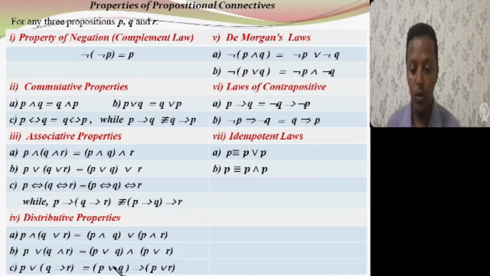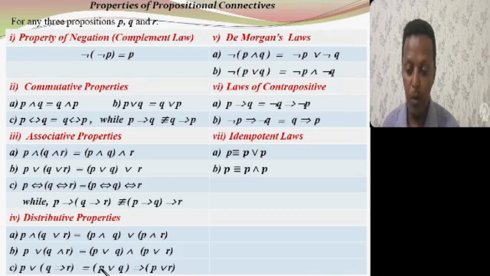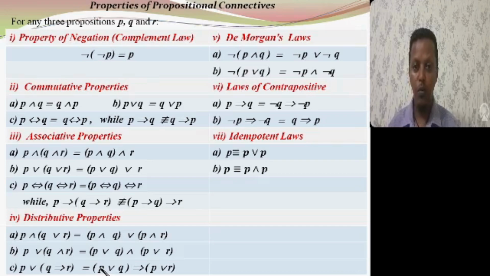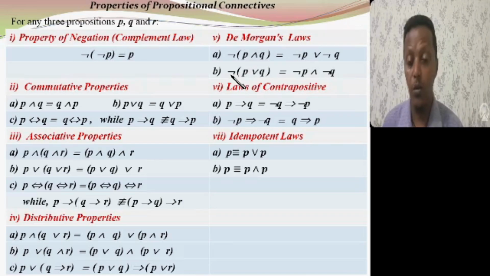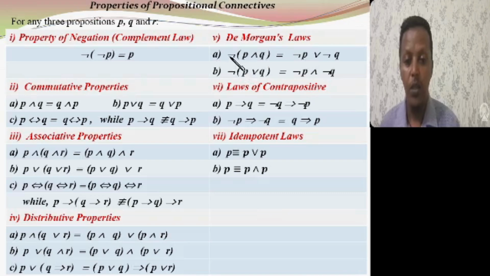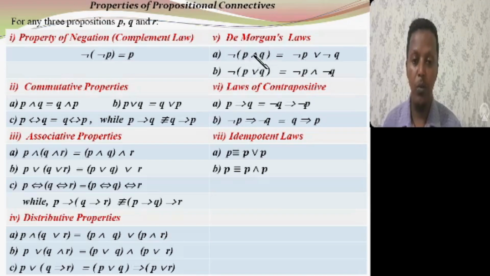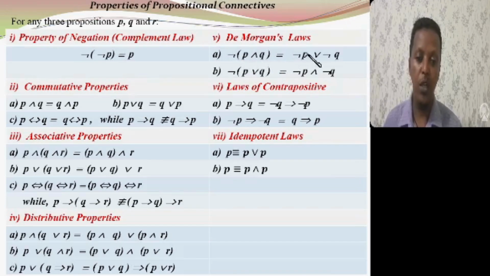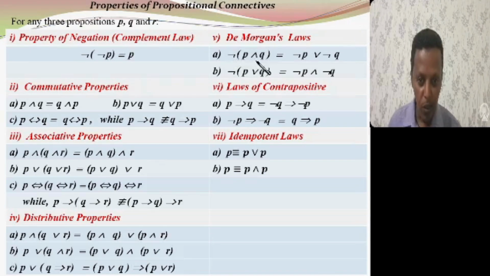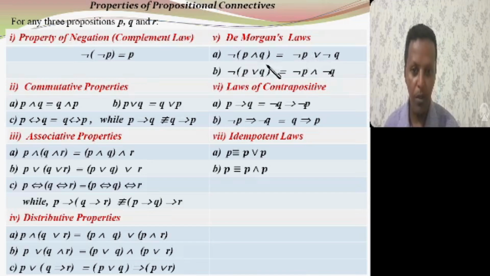You can construct a truth table. You will have 8 possibilities. These two compound propositions will have the same truth value for the 8 logical possibilities. You can check it. Now, the other important property is De Morgan's law. Negation of (P and Q), the De Morgan's law of conjunction, is equivalent to negation P or negation Q. So when you distribute negation, conjunction becomes disjunction.